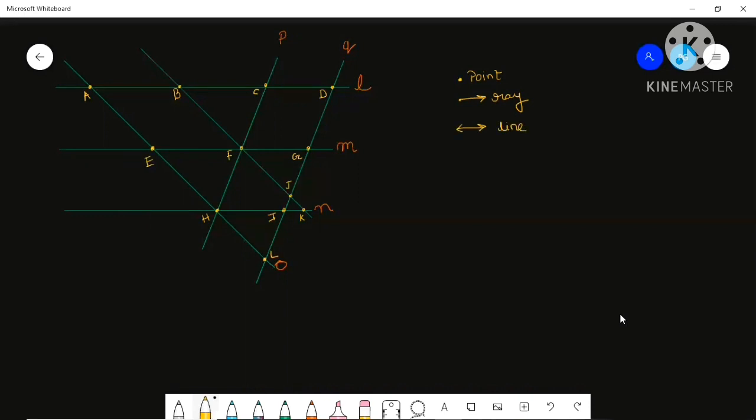So these all are lines. I have not given an arrow, so you can put an arrow like this. And when you don't put an arrow, that becomes a segment.